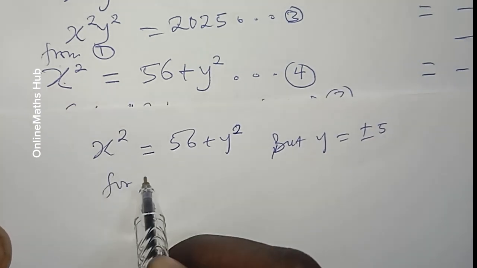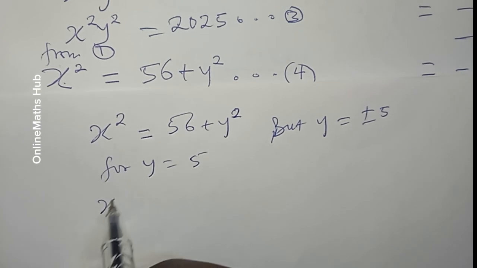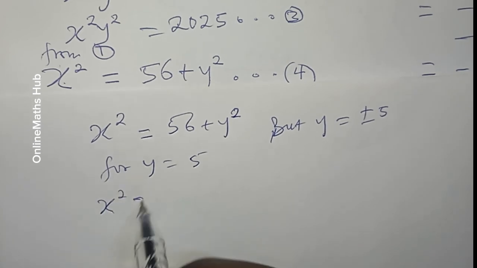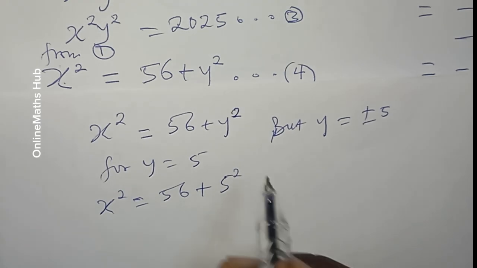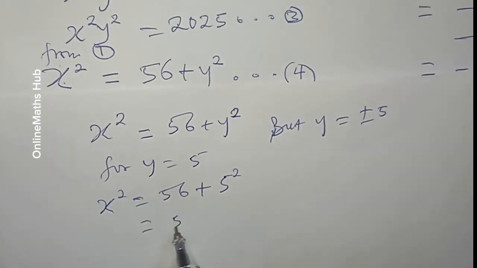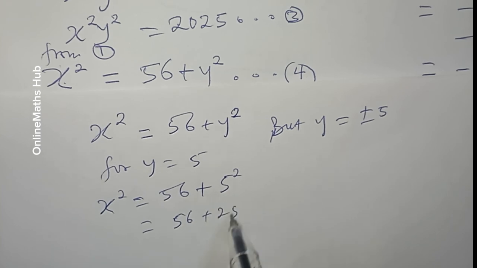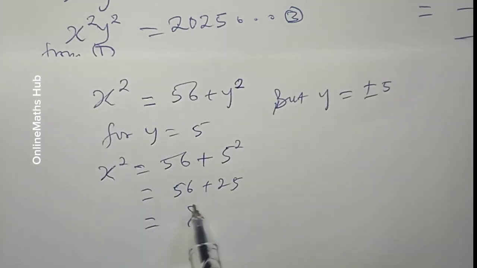So for y equal to positive 5, our x squared now becomes 56 plus 5 squared. Okay, so that is actually going to be equal to 56 plus 25. Okay, so this is going to be equal to 81.